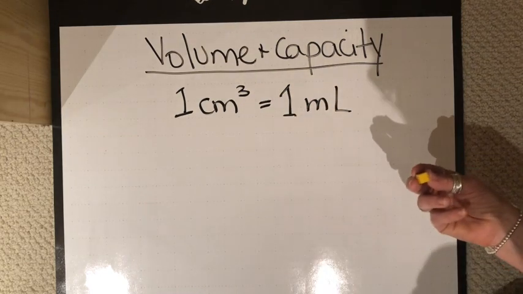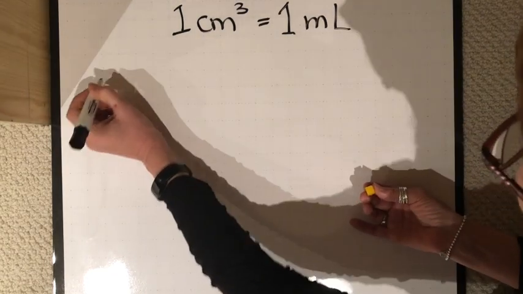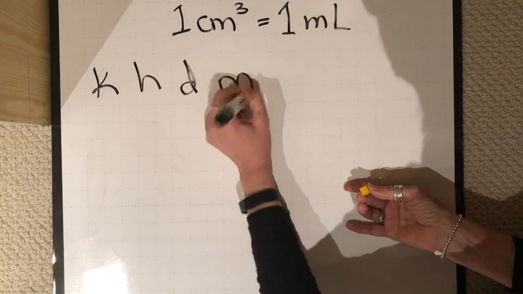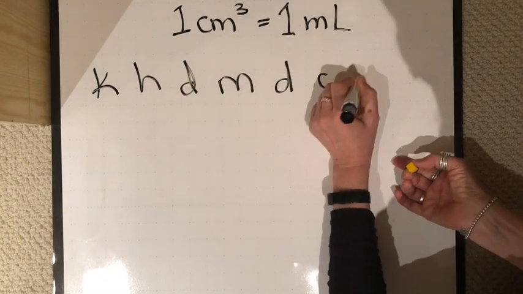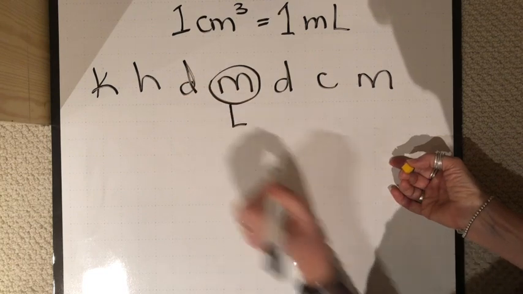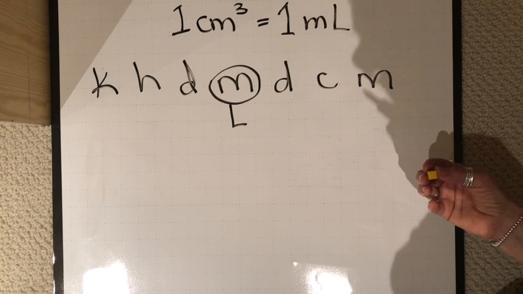So what else do we need to know? Well, if you go back to when we were doing metric conversions, we were using king, Henry, died, mother, didn't care much. So we were talking about meters, but we could also substitute liters in there as well, if you remember when we were doing the conversions.